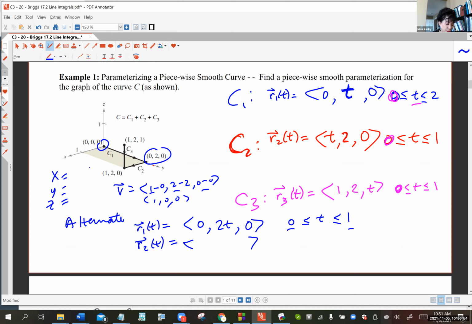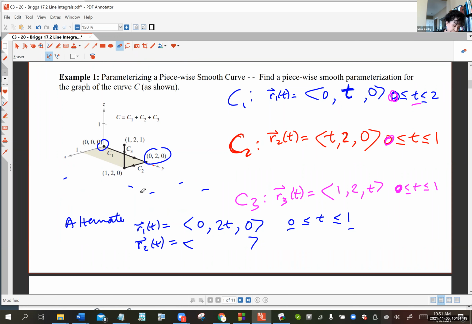Let's say for C2, I wanted to pick the point 1, 2, 0, and then use 1, 0, 0 as my direction vector. So that would work also. You can easily parameterize a line in space doing it that way. That's fine. Don't forget that. Just wanted a little reminder.